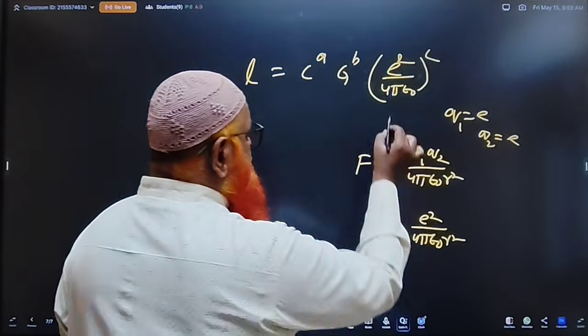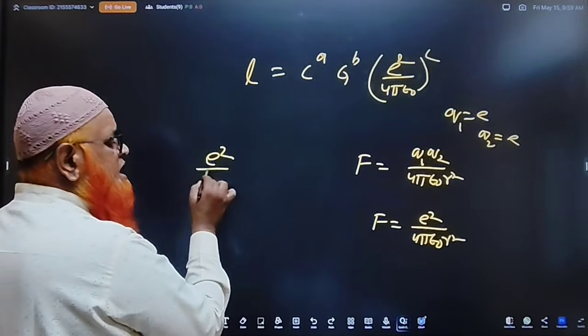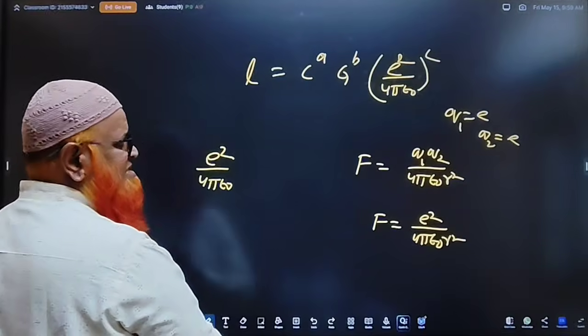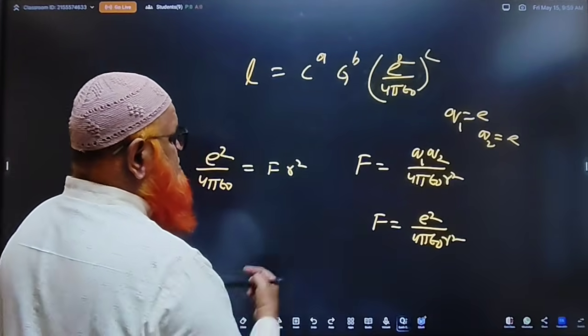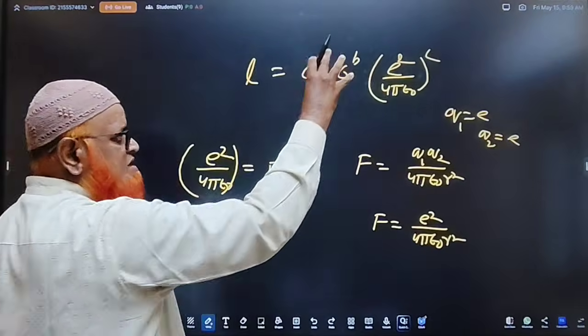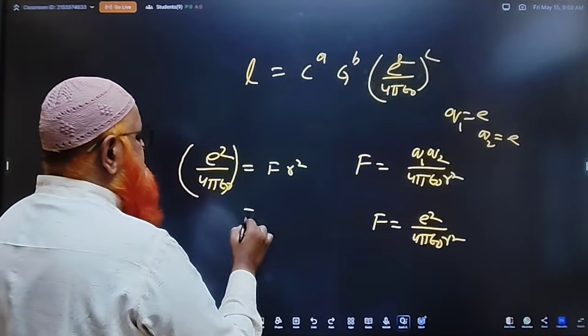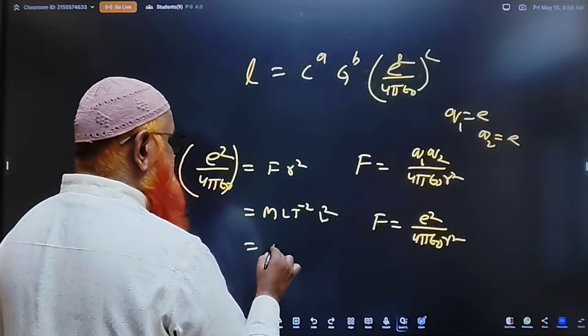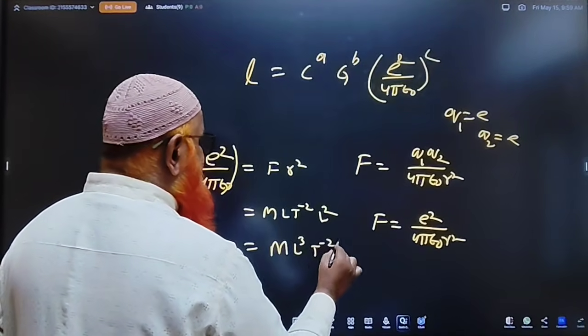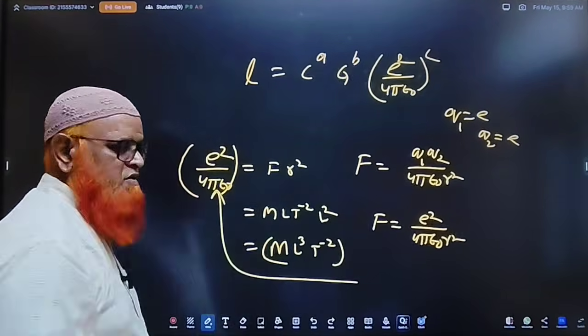If you want to find the dimension of e square by 4 pi epsilon naught, what is left is F into R square. The dimensional formula of force is M L T power minus 2, and R square is L square. Therefore M L cube T power minus 2 is the dimensional formula for this value.